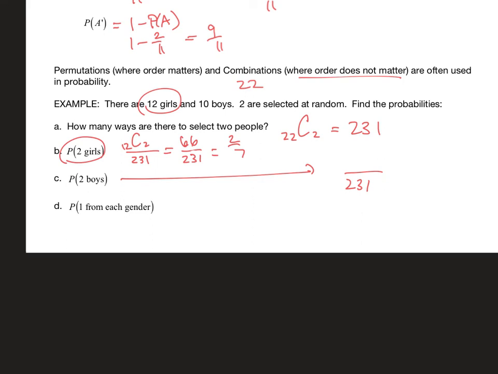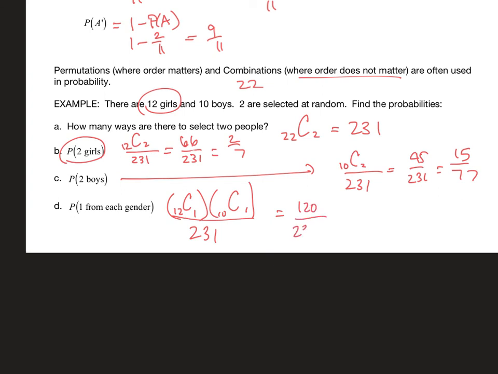And then 2 boys, I'm going to pick 2 boys from the 10, which comes out to be 45 over 231 and reduces to be 15 over 77. And then if I want 1 from each gender, that means I need to pick from the 12 girls, pick 1 of them, and from the 10 boys, pick 1 of them, which gives me 120 over 231, which reduces to 40 over 77.